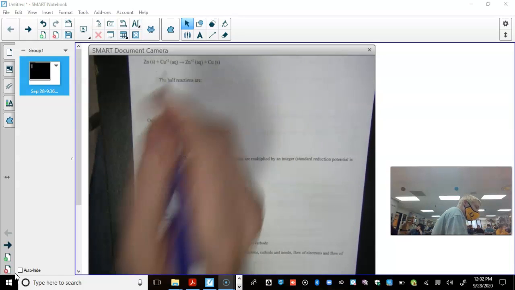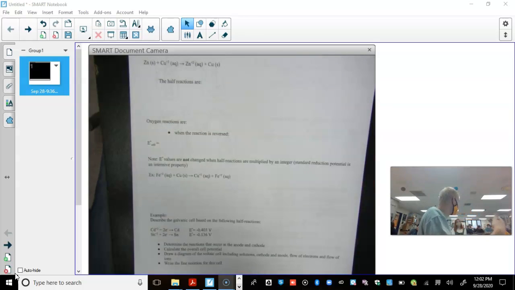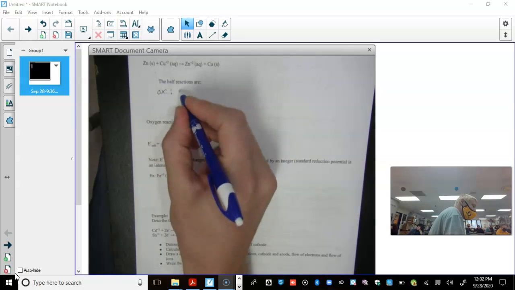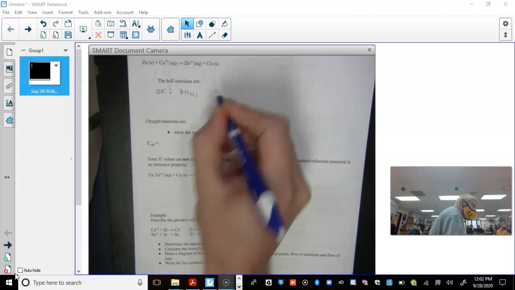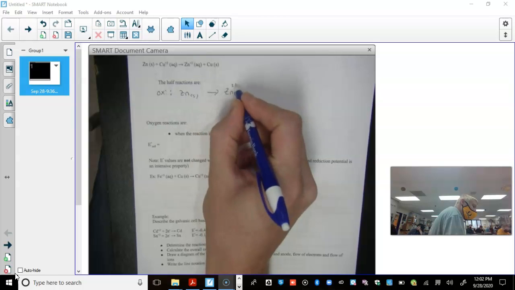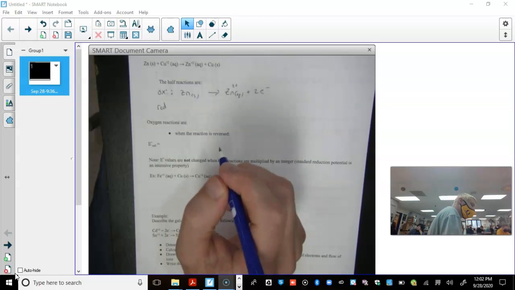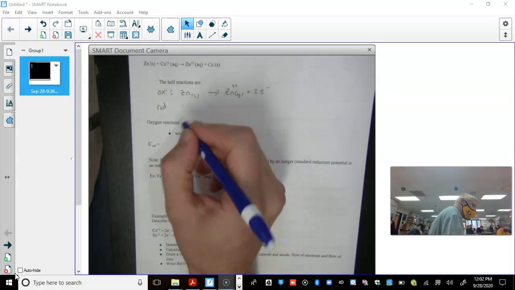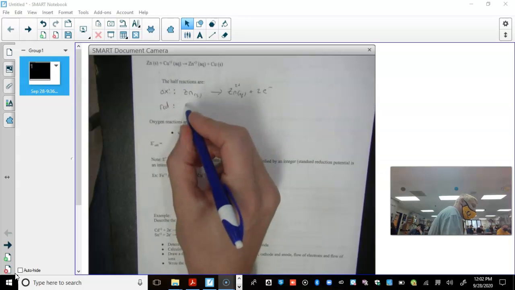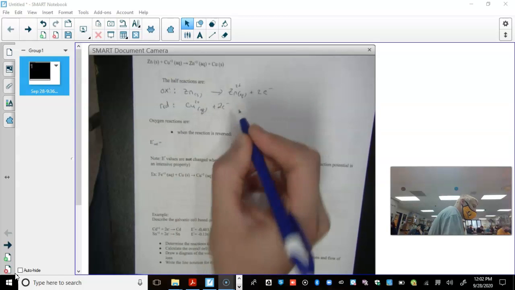Same idea. So the half reactions are: zinc is going from 0 to +2, that's being oxidized. So the oxidation is zinc solid to zinc 2+ plus 2 electrons, and then the reduction, copper is going from +2 to 0, plus 2 electrons.